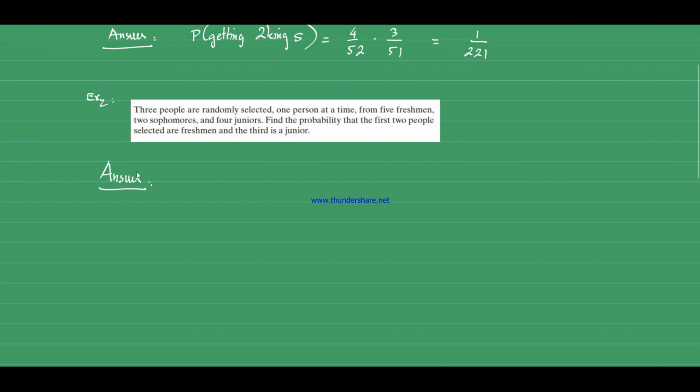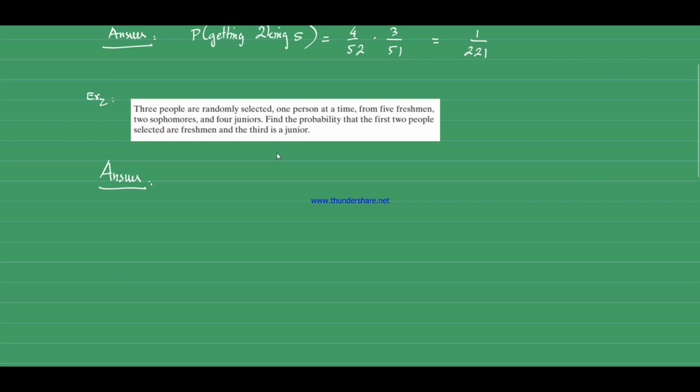So we have 1 person at a time. 3 people are randomly selected, 1 person at a time, from 5 freshmen, 2 sophomores, and 4 juniors. Find the probability that the first 2 people selected are freshmen, and the third one is a junior. So we need 3 people.